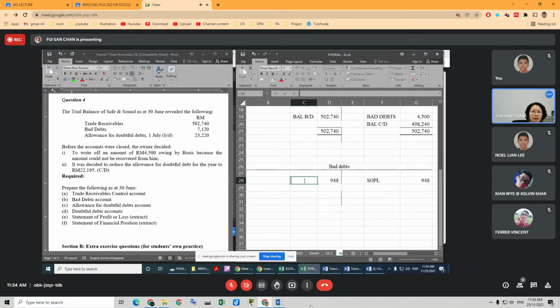Our expense according to our trial balance is 7,120, correct? During the year, any more bad debts? Yes, it's 4,005. So what do you label this? Dash TR Boris.